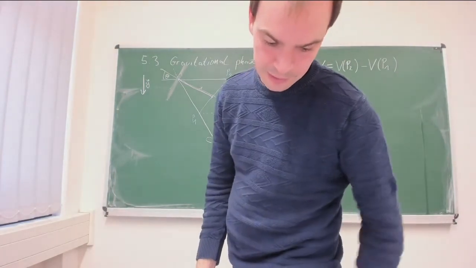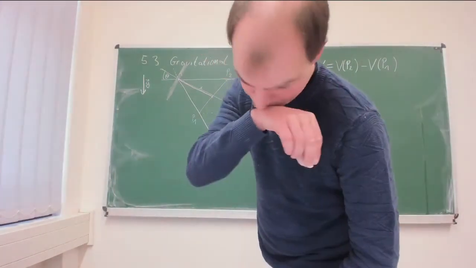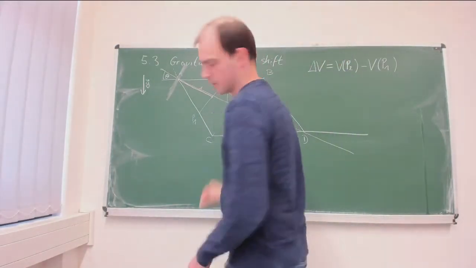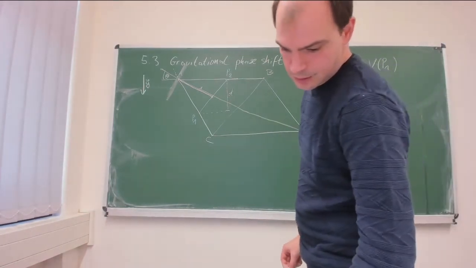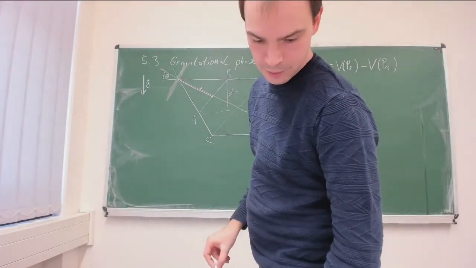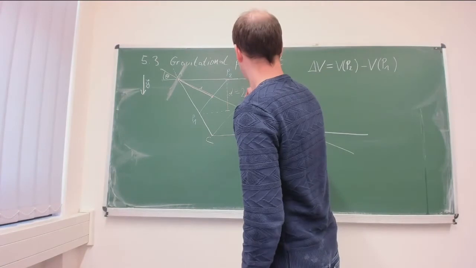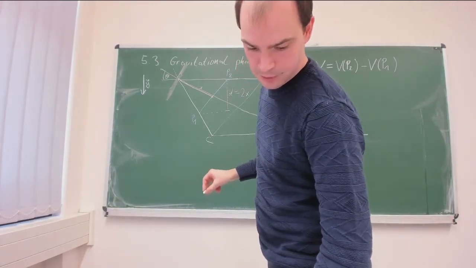Then you find that this is called B, and you find that D is just 2 times x times the sine of beta.